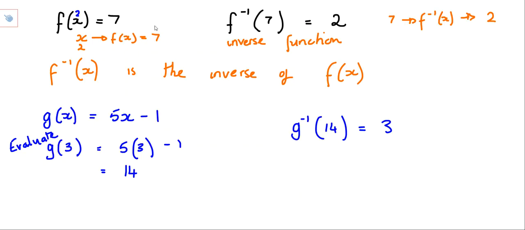So if we apply the inverse function, we're actually solving g of x. It's important for you to keep that in mind. We're solving g of x when we do the inverse.